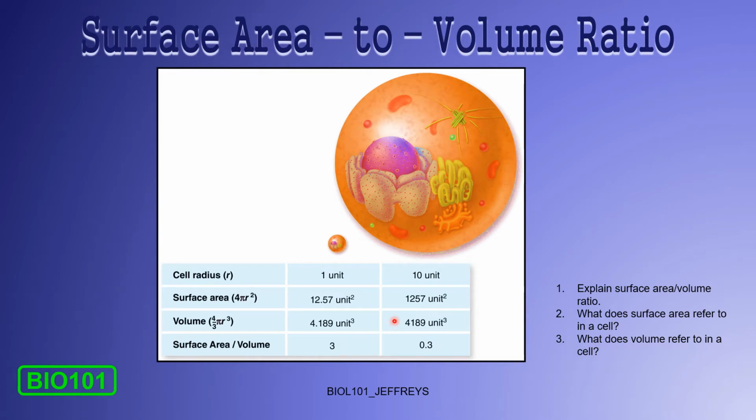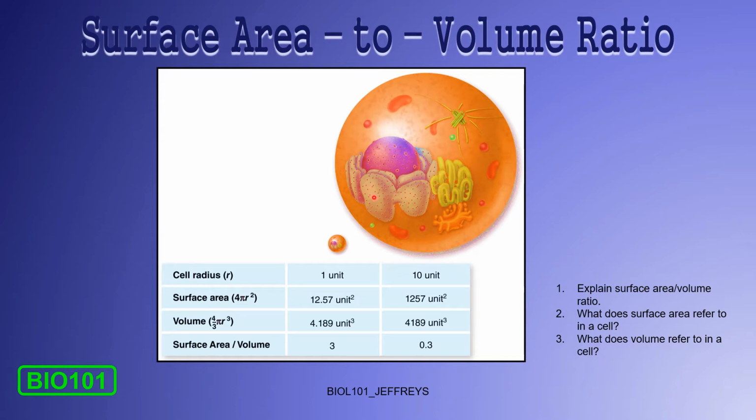You don't have to remember numbers. You don't have to do math here. I just want you to appreciate what's going on as we go from a radius of 1 to a radius of 10. This cell is 10 times larger. And you might think that the larger the cell, the better it is for life, or the more beneficial large cells are to an organism's existence.